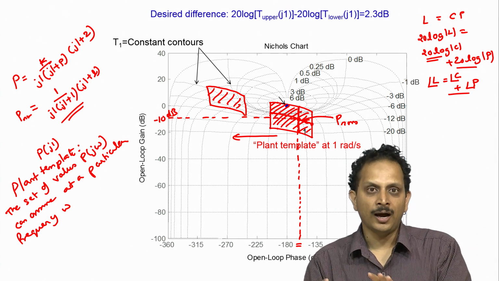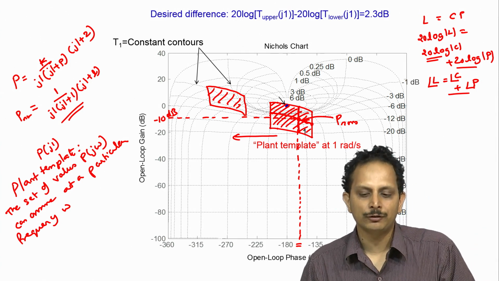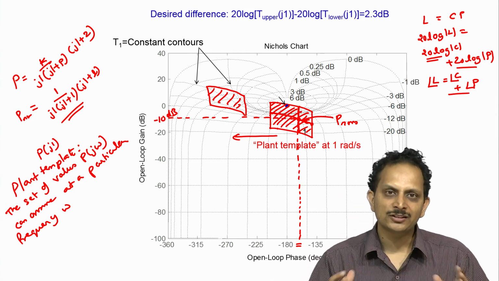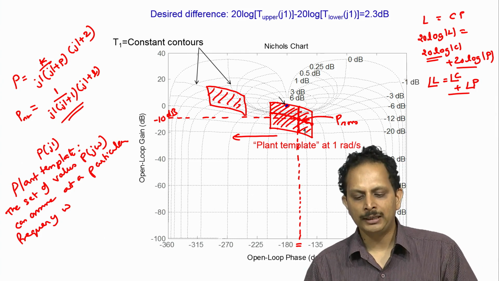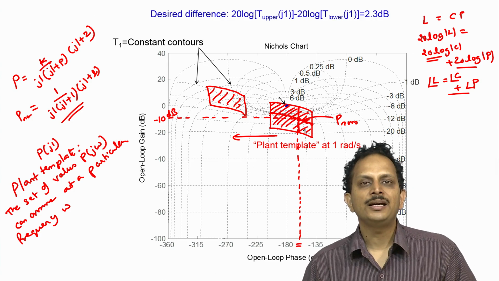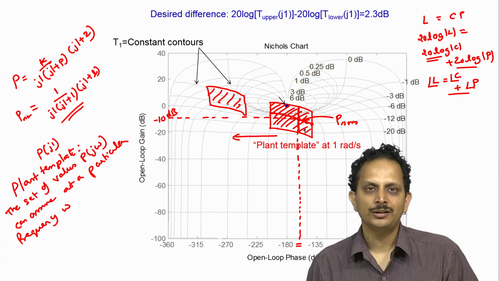So, unlike what happened in the Nyquist plot, in a Nichols plot this same area neither gets scaled up nor gets rotated. It will only get translated in the Nichols plot when we multiply the plant transfer function with a controller.